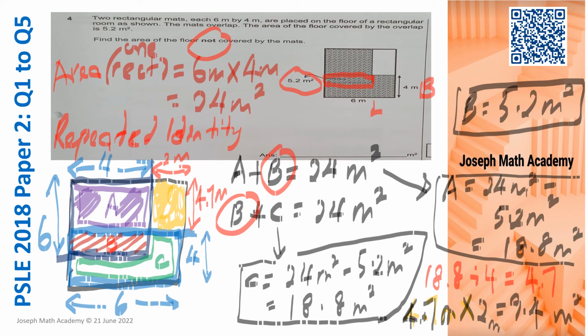Okay, we have already found the answer. So the answer is 9.4 square meters. The uncovered area of the floor is 9.4 square meters.